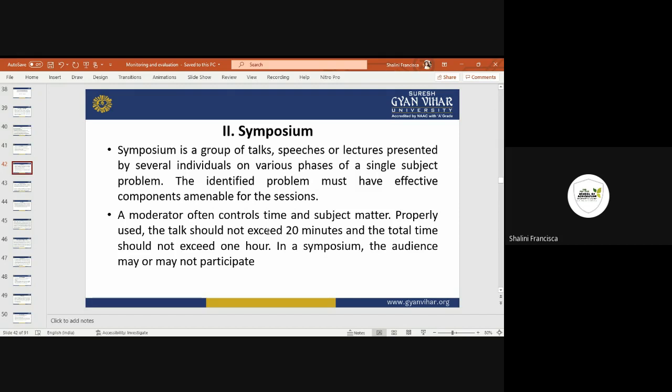A symposium is a group of talks, speeches, or lectures presented by several individuals on various phases of a single subject or problem. Most of the time we have expert talks on irrigation methods, expert talks on horticulture cropping, emerging trends in the cropping system of mango, or floriculture and all.